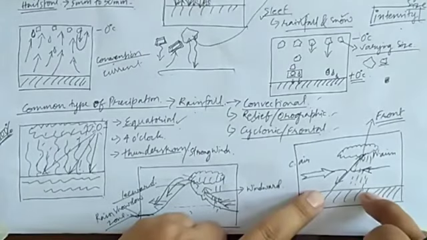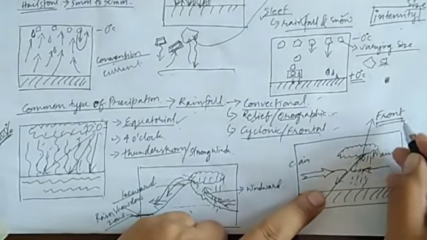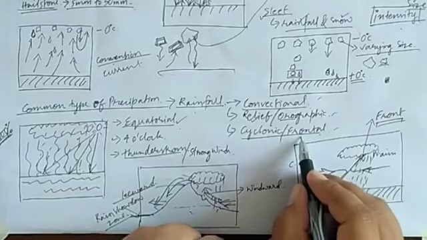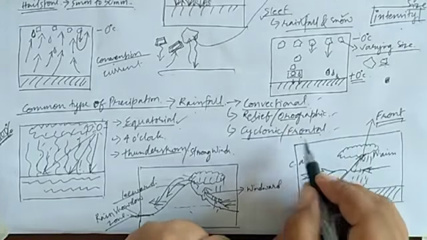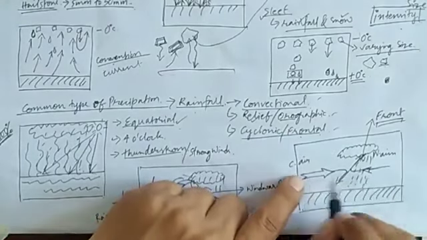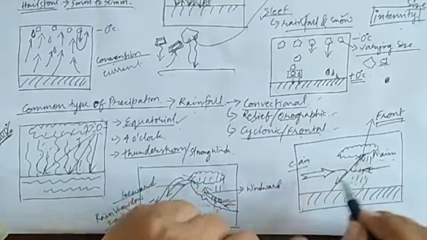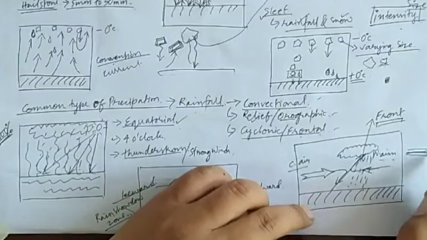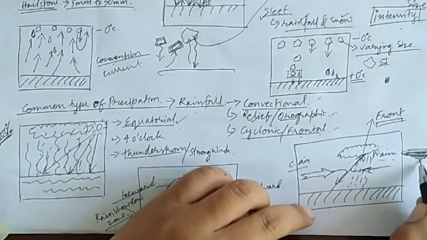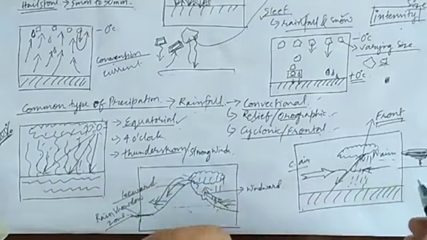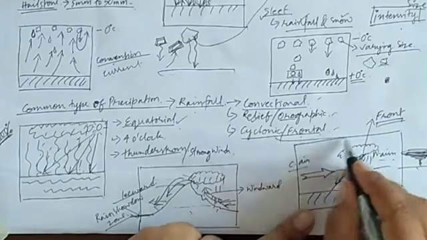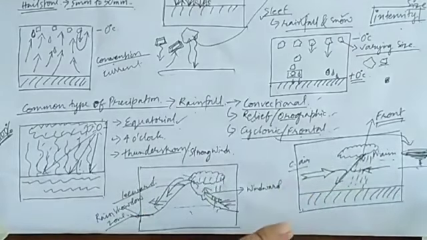So this type of rainfall occurs due to the formation of a front, so it is also known as frontal rainfall. And sometimes the collision of cold air mass and warm air mass also leads to the formation of cyclones in that particular area. Because of that, it is also termed as cyclonic rainfall.